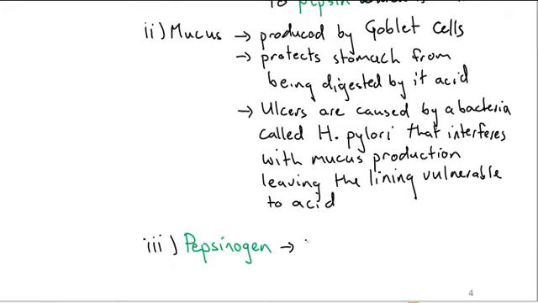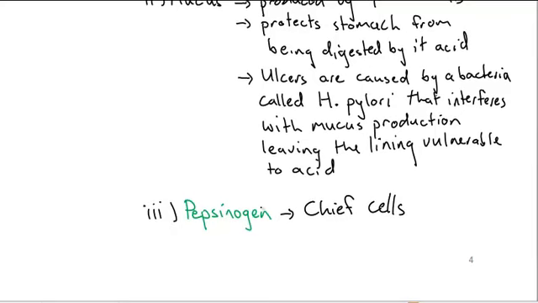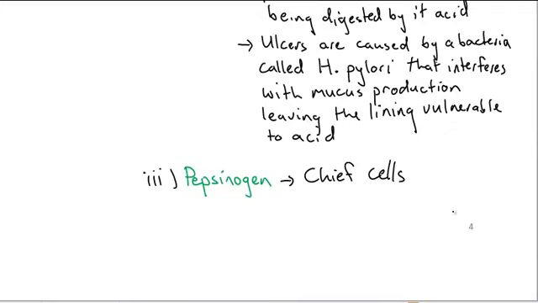Sorry, I went back and added cell after goblet. The way I remember pepsinogen is produced by chief cells: the chief is number 1, Pepsi is number 1. I don't believe that. I actually like Coke, but that's personal preference. But I still remember Pepsi vows to be number 1, and chief is the number 1 in charge.